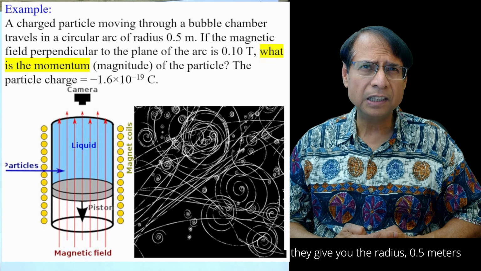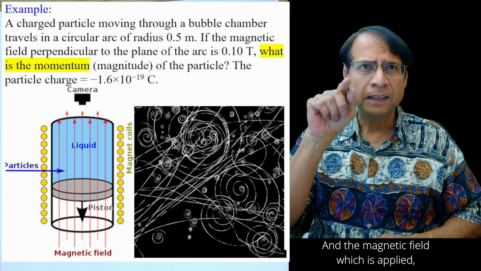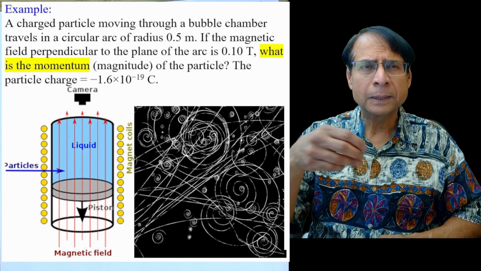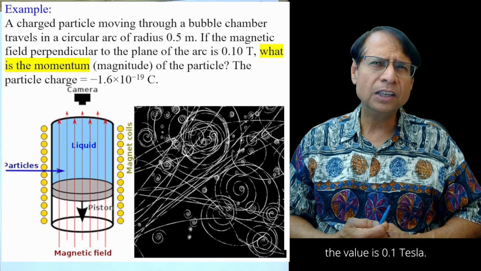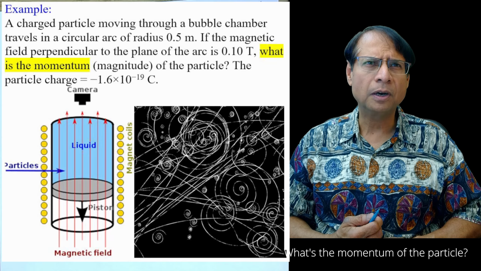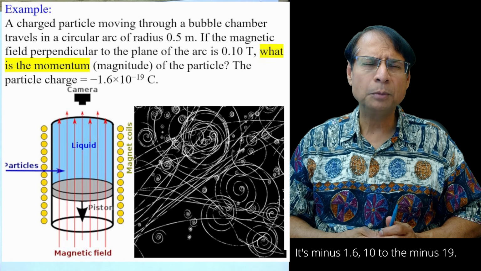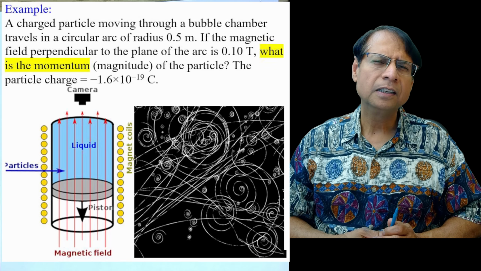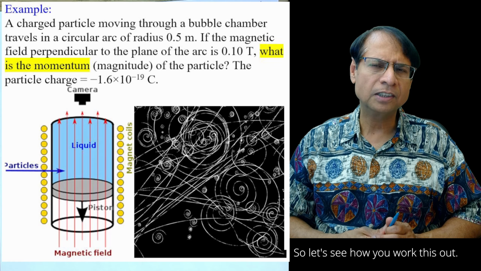They give you the radius, 0.5 meters, the radius of those curves. The magnetic field applied, going vertically upwards, has a value of 0.1 Tesla. What's the momentum of the particle? They give you the charge of the particle as well: minus 1.6 times 10 to the minus 19 coulombs. That's basically the electronic charge. So let's see how you work this out.